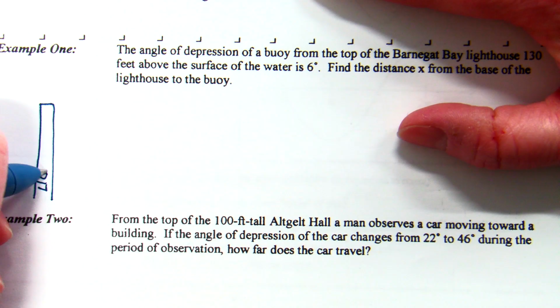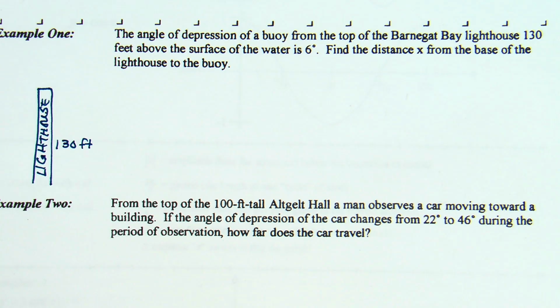And what do we know about this lighthouse? The angle of depression of a buoy from the top of the Barnegat Bay Lighthouse, 130 feet above the surface of the water. So what is that saying about this lighthouse? Yeah, it's 130 feet tall. Okay, and then we're looking at a buoy. We all know what a buoy is, right?